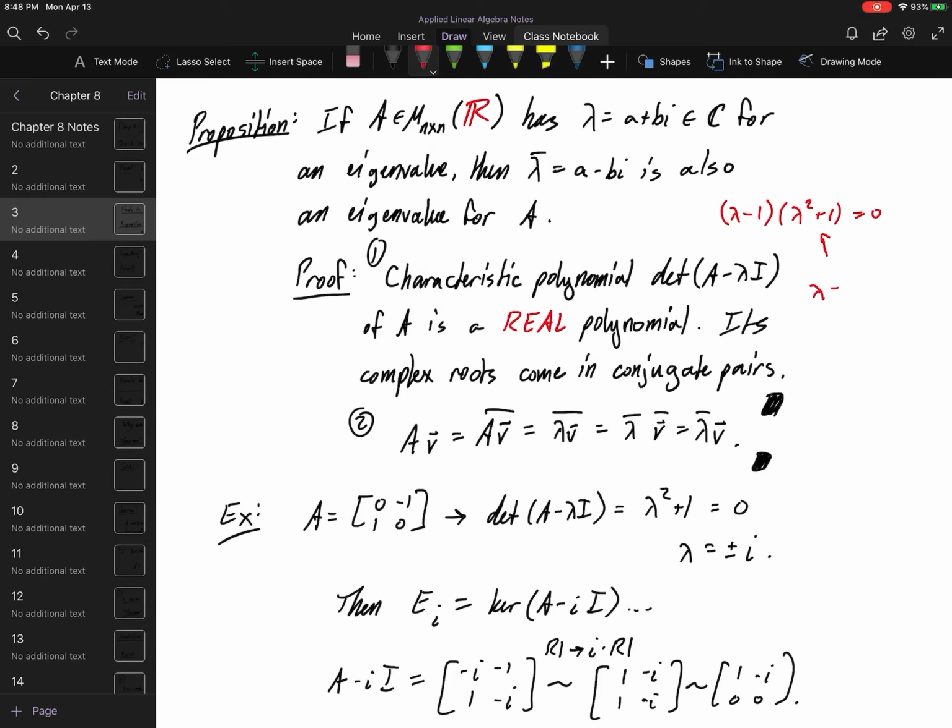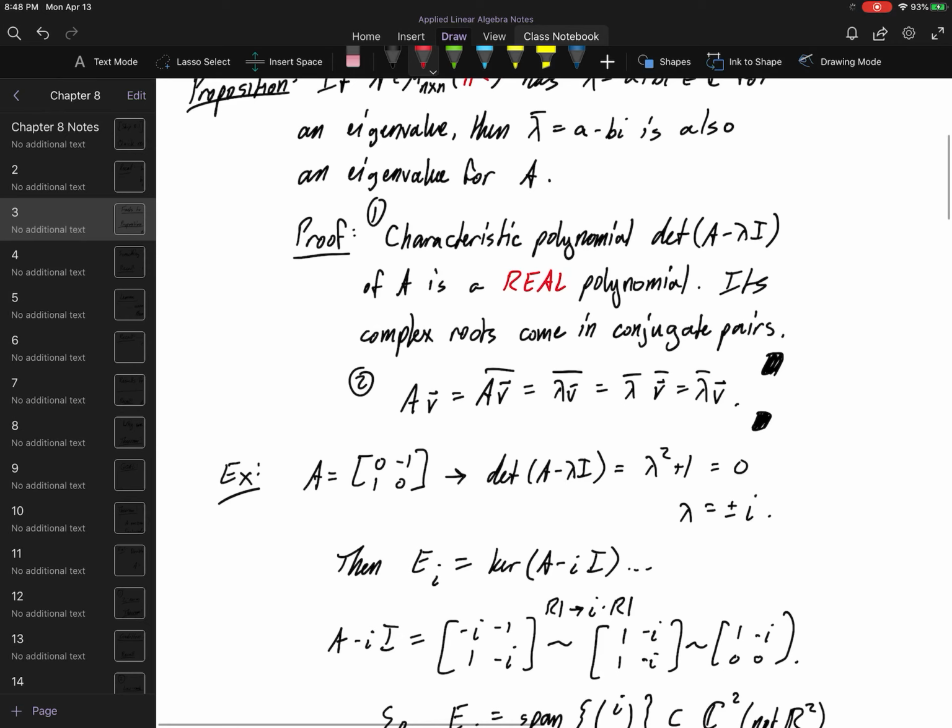Right, so that means that you not only get lambda equals plus i, you would also get lambda equals minus i as a solution. Right, and this is just how real polynomials have to factor when you have real coefficients on that polynomial. So you see that in one way.